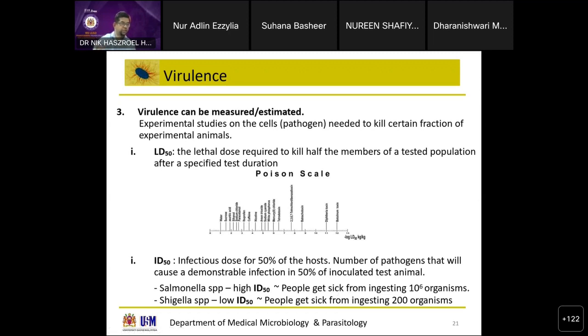If they ingest too much, then they can get sick. Whereas Shigella species is a low ID50 organism, so even if you ingest a small amount, you already get sick. So that's how we describe the difference between organisms. Both cause diarrhea, both spread through contaminated water, but they are different in terms of their ID50.